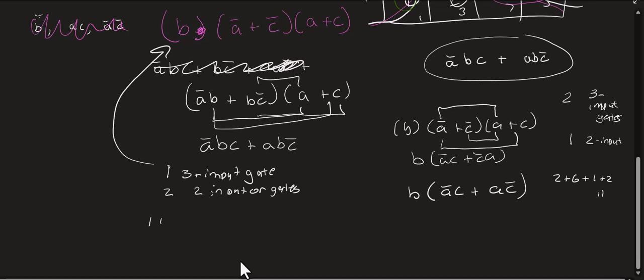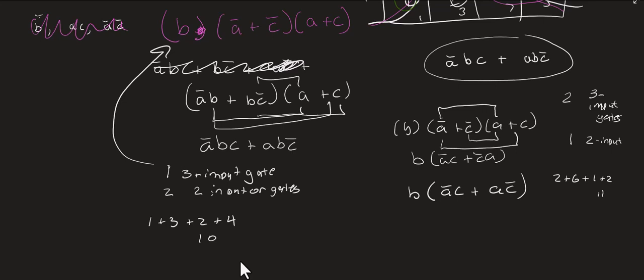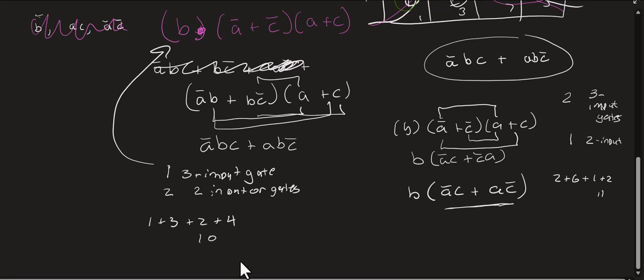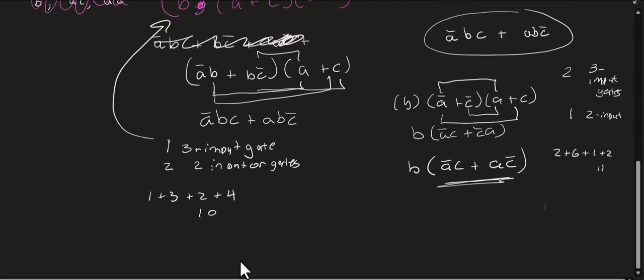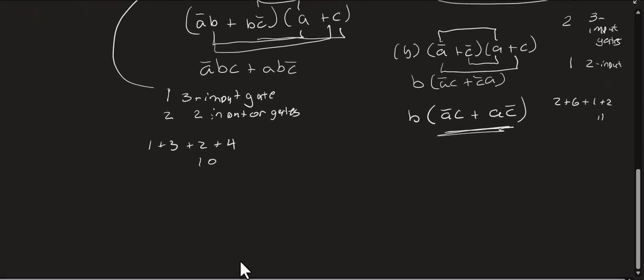So this is 1 plus 3 plus 2 plus 4. So that's 4 plus 6, that's 10. So this one, while it seemed like it was going to be harder to make, is actually lower cost. But do y'all know what this is? It's the lowest.